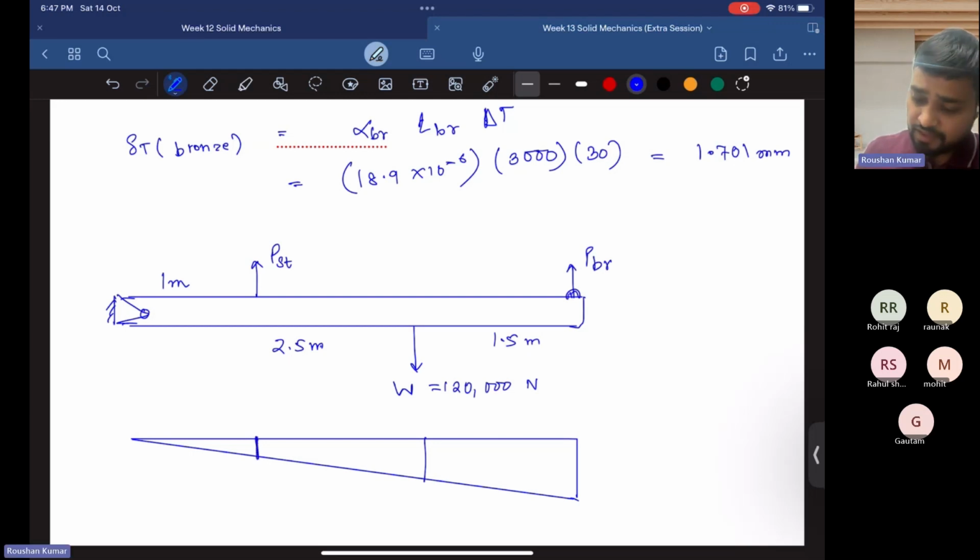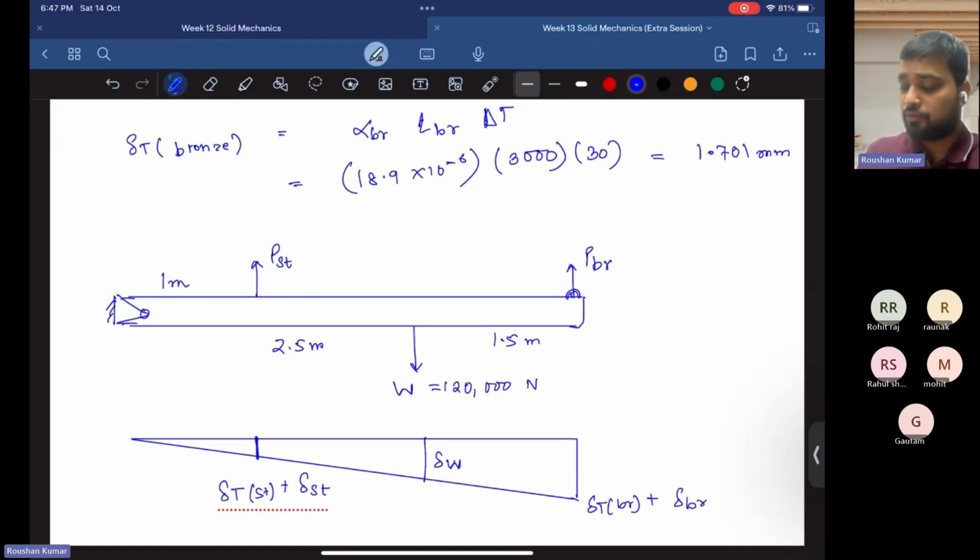Here the strain is developed due to the change in length due to temperature change in the steel bar plus the change in length of the steel bar due to its elastic property. This is the change in length due to the weight, and this is the change in length of the bronze bar due to temperature change plus the change in length of the bronze bar due to the elastic property of bronze.